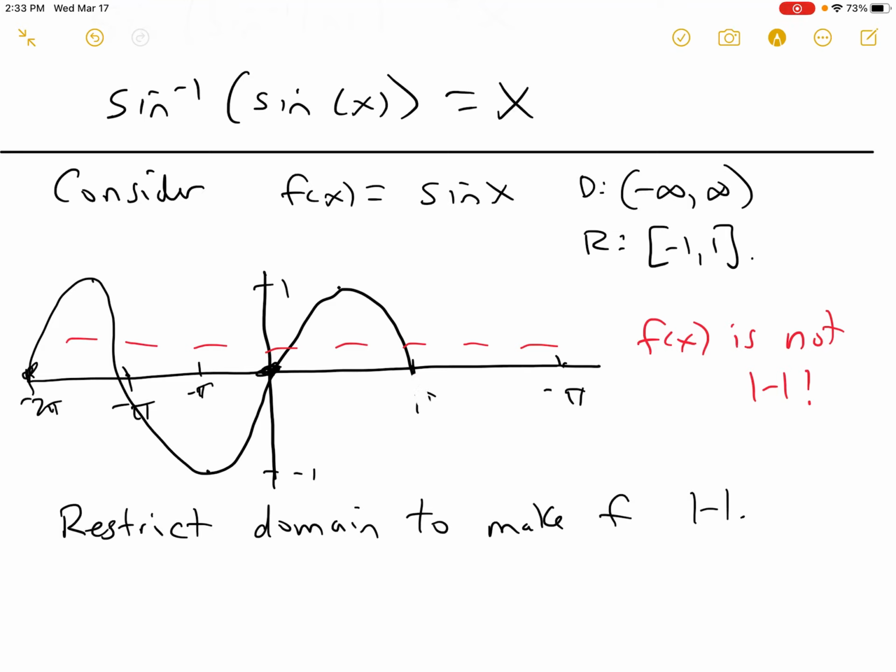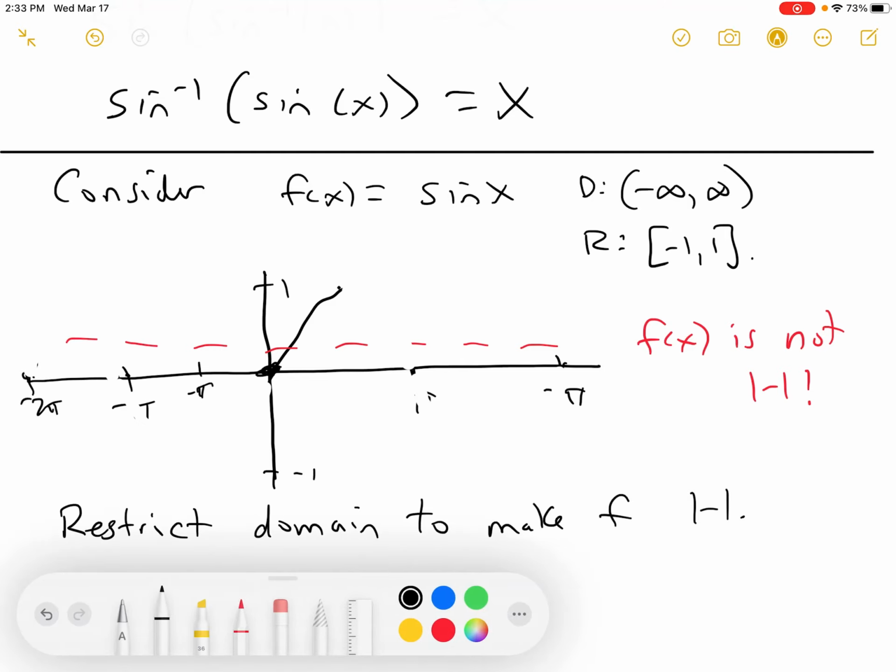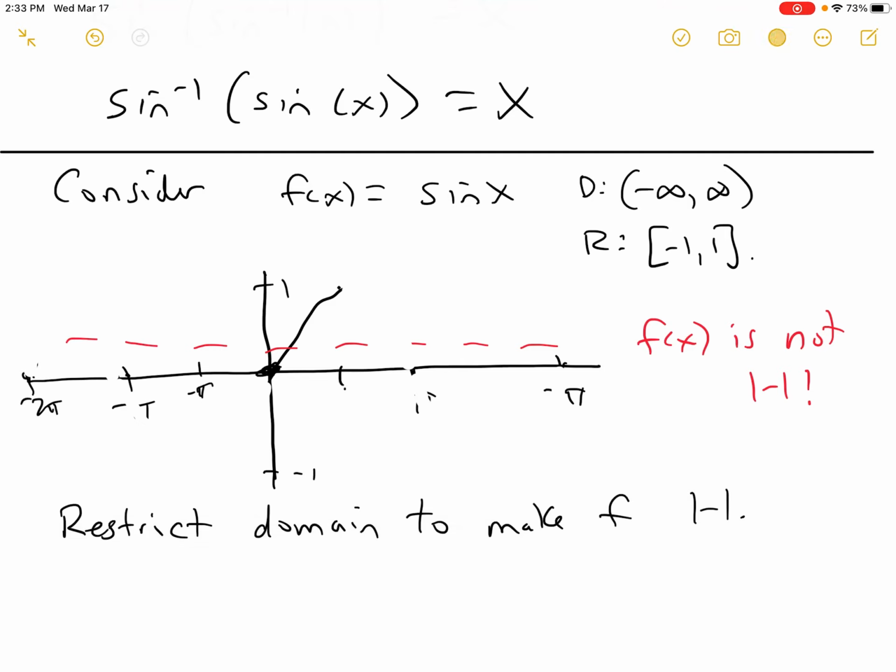So if we take away all of this, take away all of this, okay, oops, I went too far. Hold on here. So here's pi over 2.